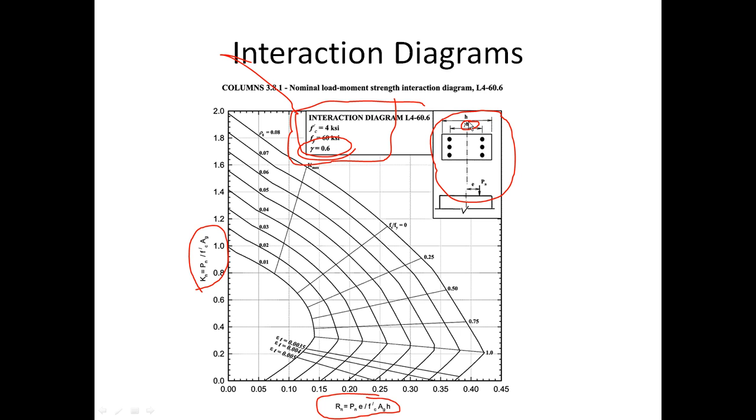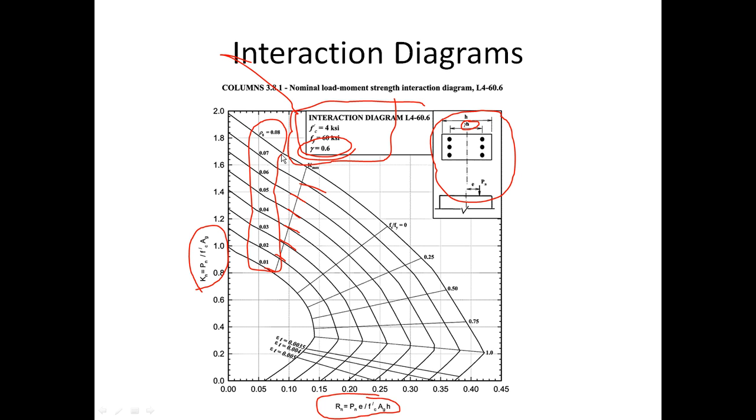The next thing you'll notice is that there's actually 8 particular curves. And that's not a coincidence that they put 8 curves on here. They put 8 curves on there, getting back to chapter 9, because our percentage of steel can vary from 1% to 8%.